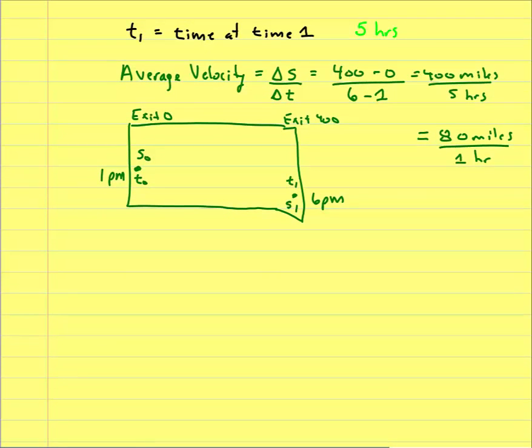So this idea of average velocity is important, but it has several shortcomings. However, at any given moment the car may be going faster or slower. And that's the part we have to contend with.